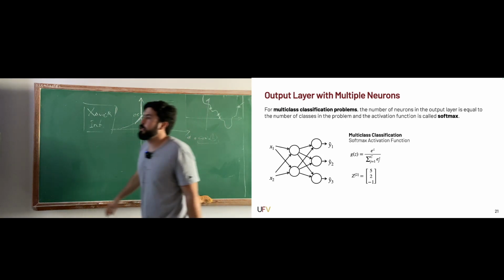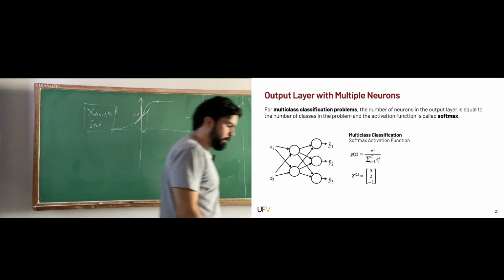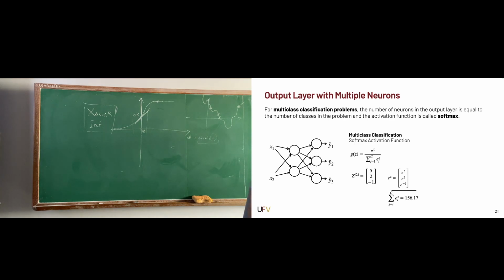Imagine you have your activation function. So your linear part, remember z is the letter I use for the linear part of the layer, imagine I had 5, 2, and minus 1. Okay?